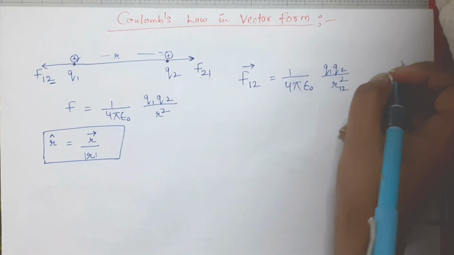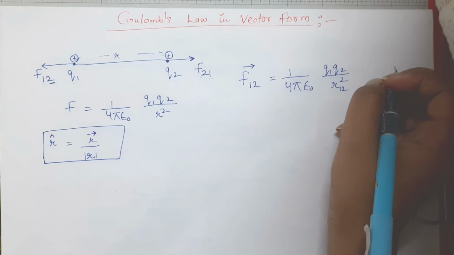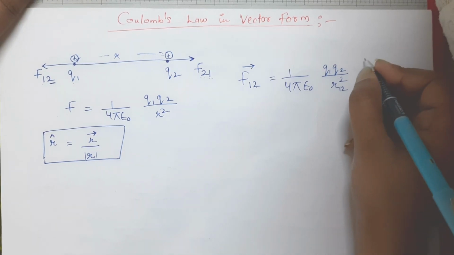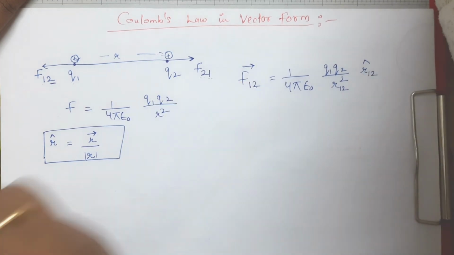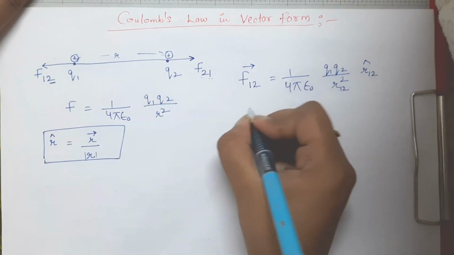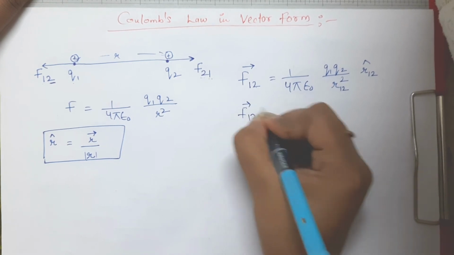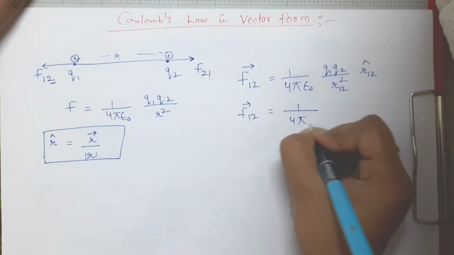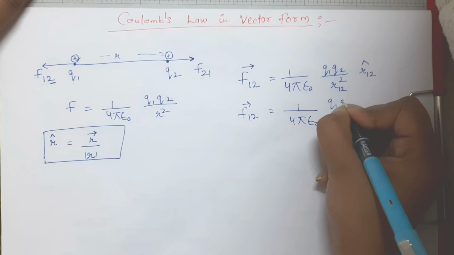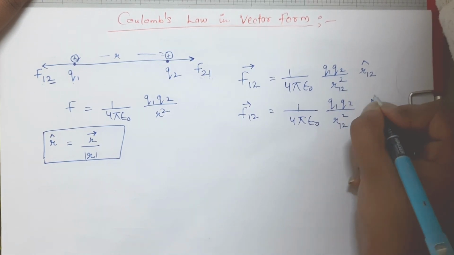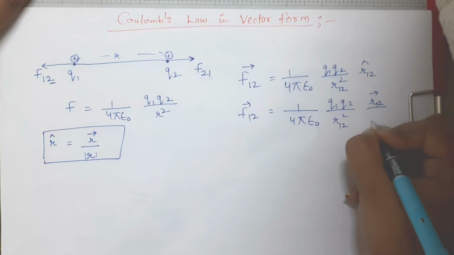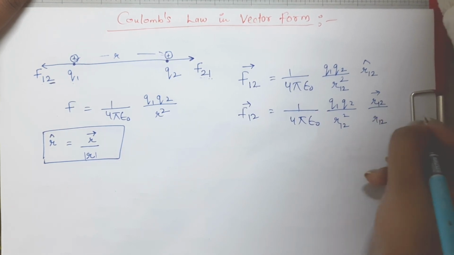Now, because we want to show the direction, we are going to introduce a unit vector along this direction. We know what a unit vector is, so it will be 1 by 4 pi epsilon naught q1 q2 by r12 square, times r12 vector upon the magnitude of r12.